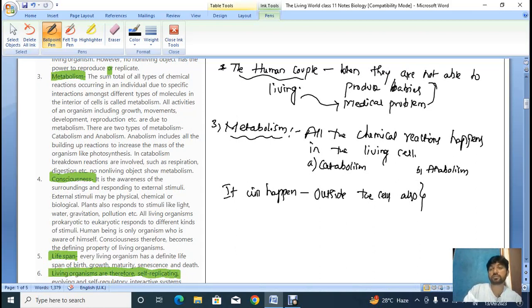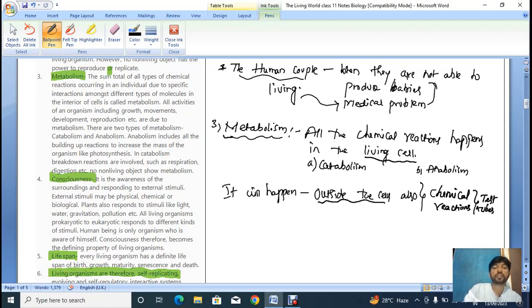They come under just laboratory chemical reactions which take place in the test tubes. Then the metabolism only happens in the living cell. It won't happen outside the cells.